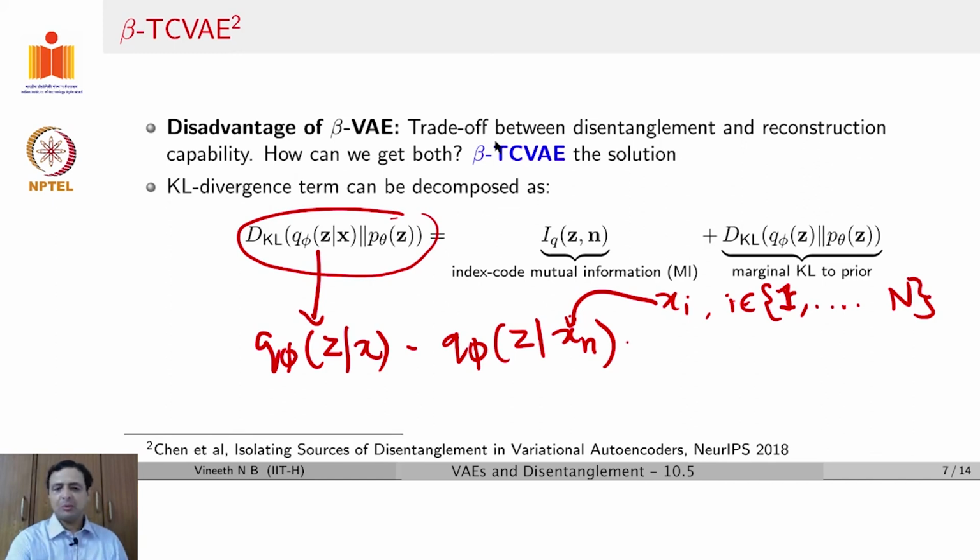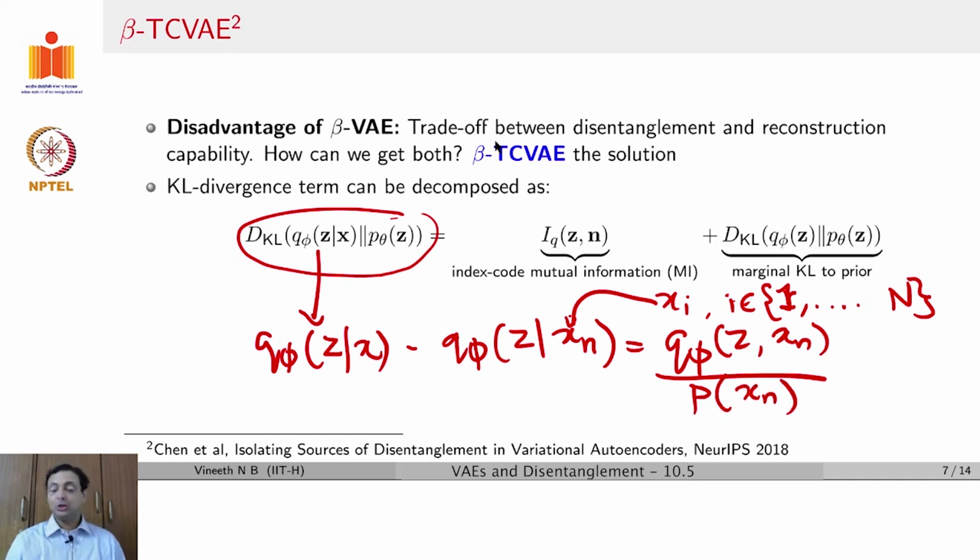By standard probability, we can now write this as the joint probability divided by the probability of xn. Assuming all data points are equally likely, the denominator here would be 1 by n, so it's a constant. So you could now say that we could replace the approximate posterior with the joint probability between the latent and each data point xn.